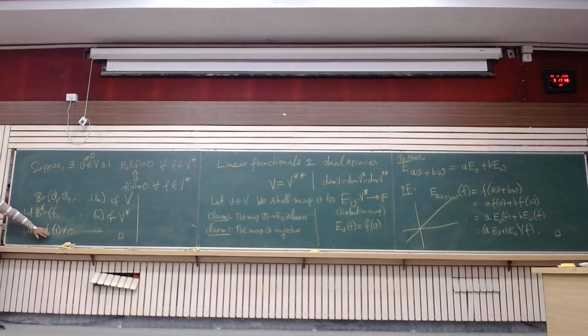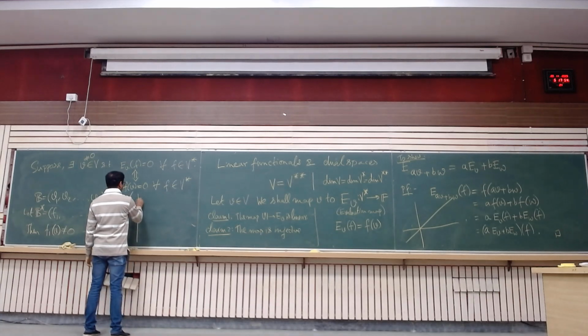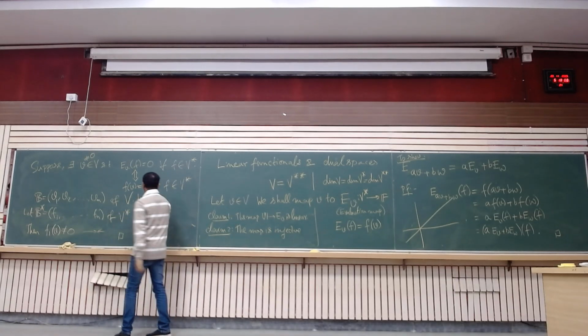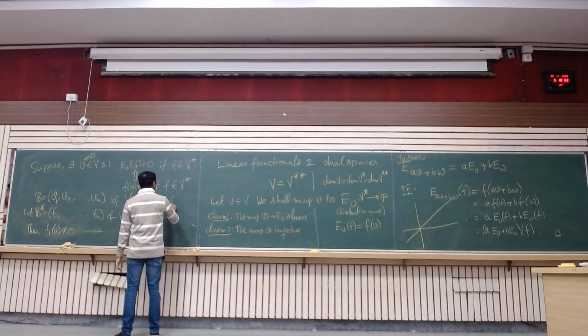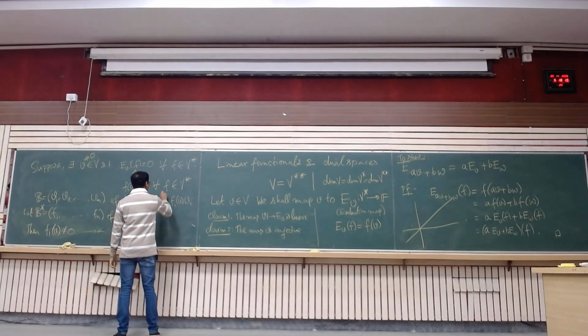We don't have this condition yet, but we can write V as a linear combination of these, the summation of Fi(V) Vi, i running from 1 to n.